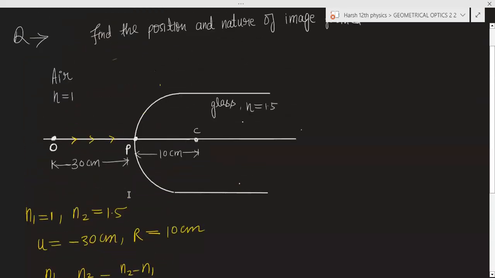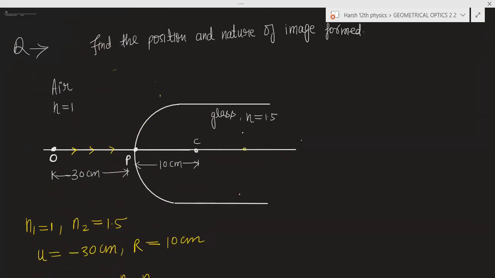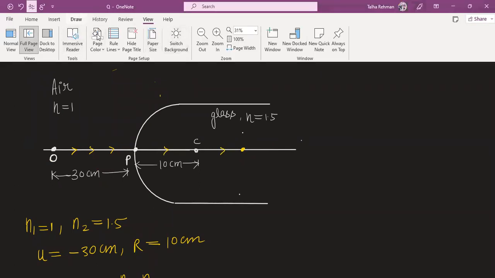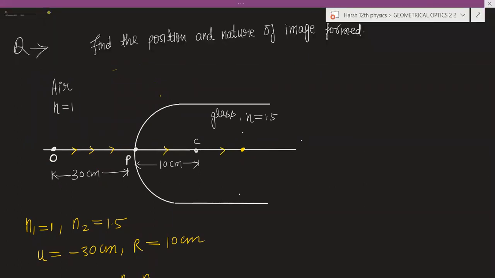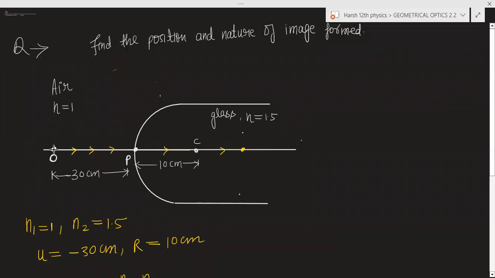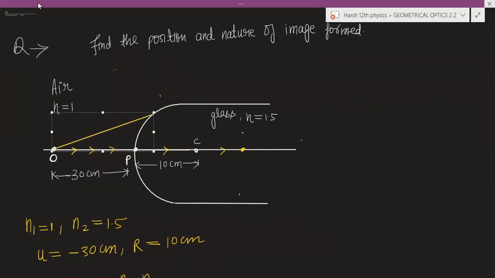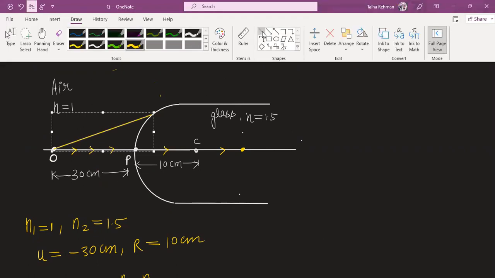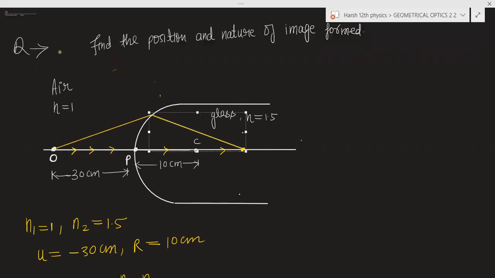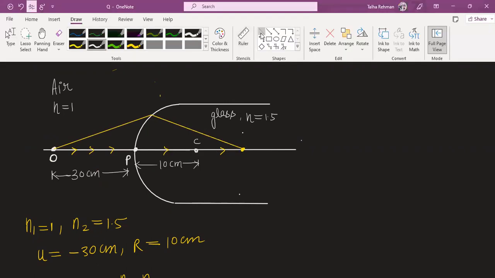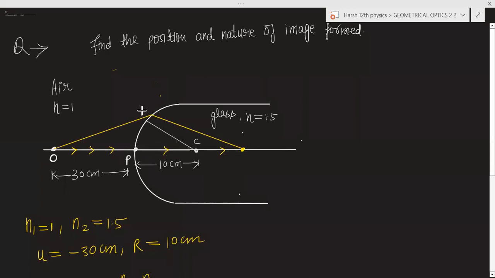So plus means the image is formed somewhere here. Earlier I told you the light ray from this object goes straight like this, and another light ray goes like this. After refraction, it will bend towards the normal, and you draw the normal passing through the center of curvature.